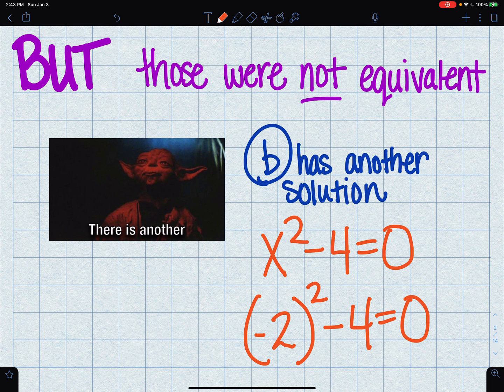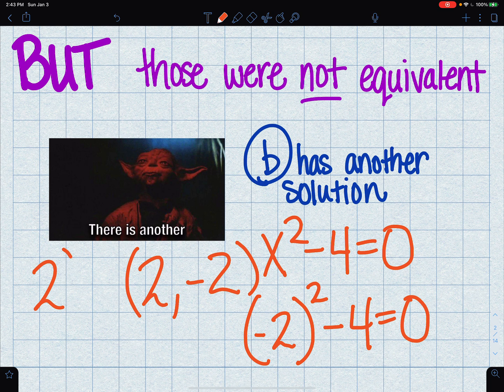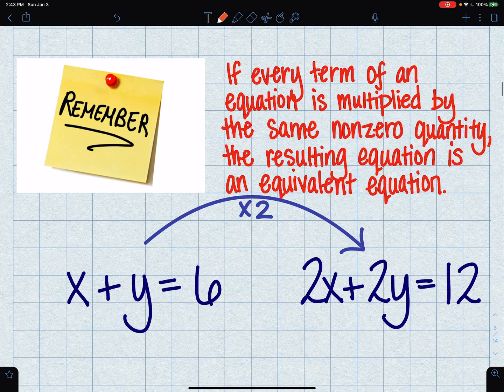If you have negative 2, you also get 0, and this is a true equation. So equation A has the answer 2. Equation B has the answer 2, but also negative 2. So those are not equivalent equations. They have to have the same solution set to be equivalent equations.